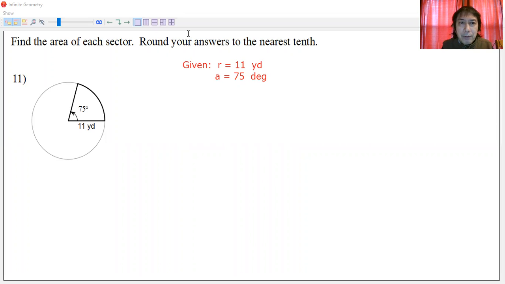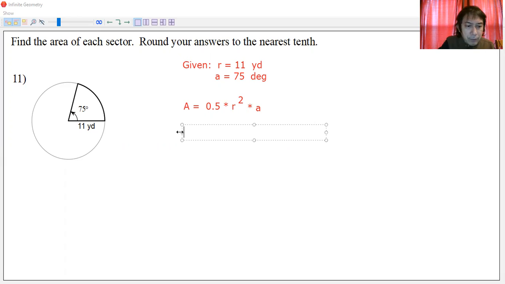All right, so in our formula for the area of a sector, this is 0.5 times r squared multiplied by the central angle, okay? Now, the angle should be in radians.